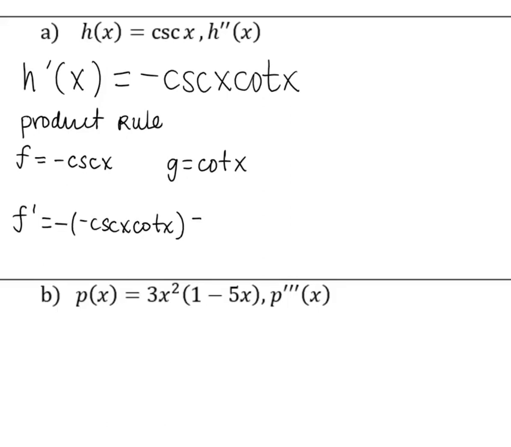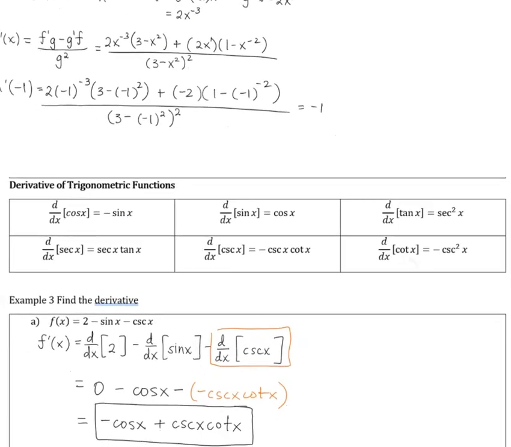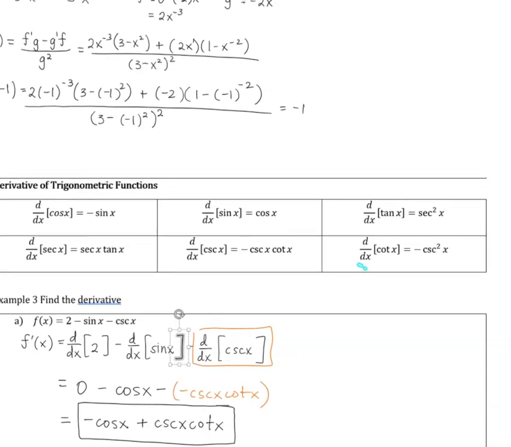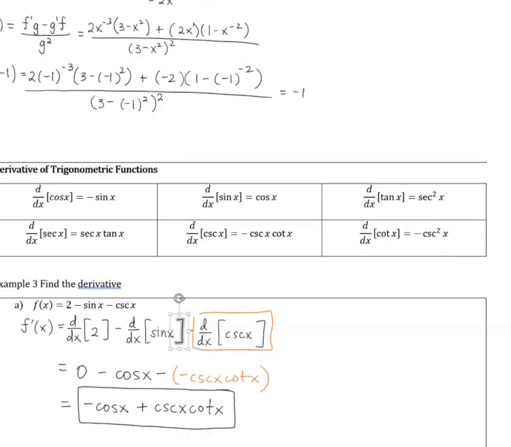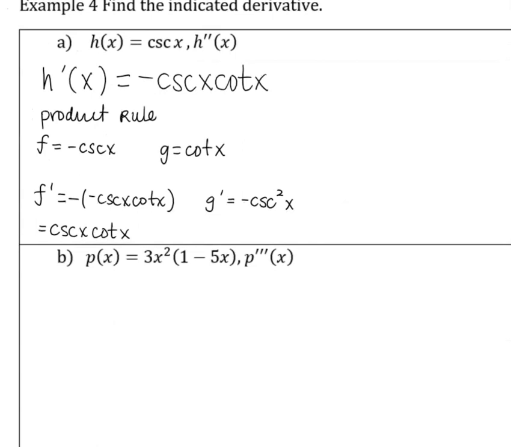So those two minuses will come together and give us that f prime is simply positive cosecant x cotangent x. For g prime, the derivative of cotangent is negative cosecant squared x. And I know that because this box we have up here tells us that the derivative of cotangent x is negative cosecant squared x. So now that I have f prime and g prime, we are now able to come and find h double prime of x.